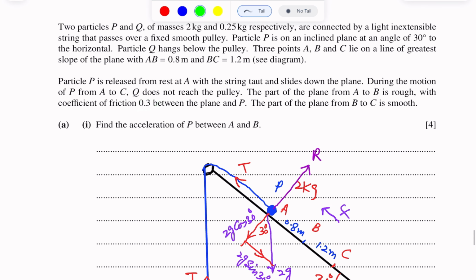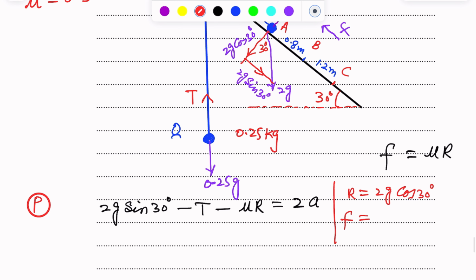So mu is equal to 0.3. So putting here the value of mu, 0.3.